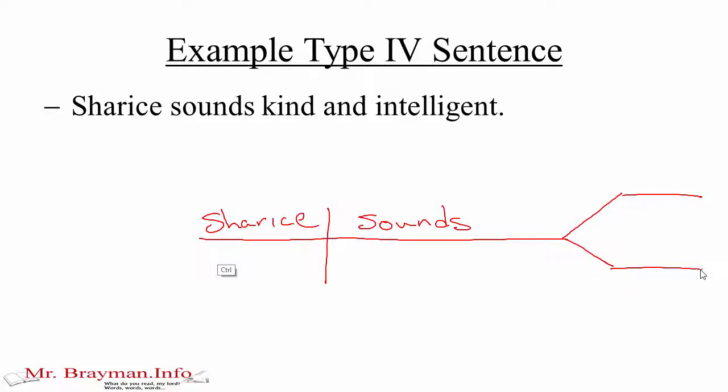I realize I'm running out of a little bit of space here, but Cherie seems kind, and she seems intelligent. And then I put that conjunction right in there. Hard to write sideways. There we go. Cherie seems kind and intelligent, right? So a compound predicate adjective here.